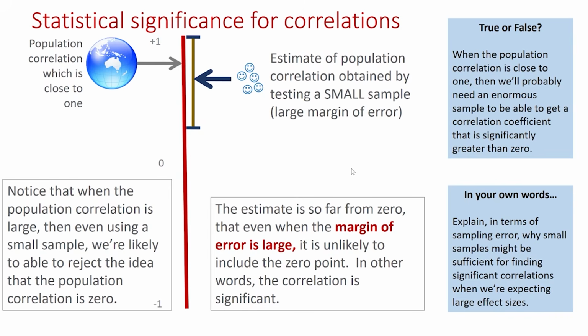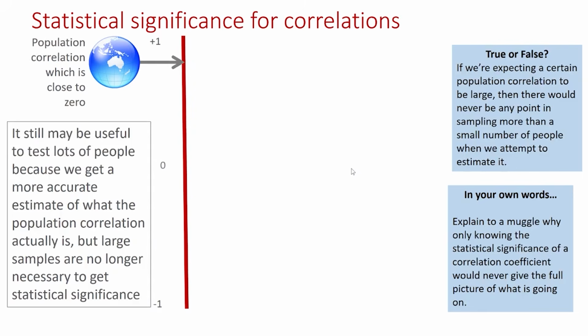In your own words, explain in terms of sampling error why small samples might be sufficient for finding significant correlations when we're expecting large effect sizes. Okay, so that's just what we're illustrating on this slide here, where even with small samples we give ourselves a big margin of error, but because when we're expecting very large effect sizes, we're miles away from 0, we can put up with a large margin of error, and therefore it's okay to have a small sample in this sort of situation, just in terms of getting a significant effect.